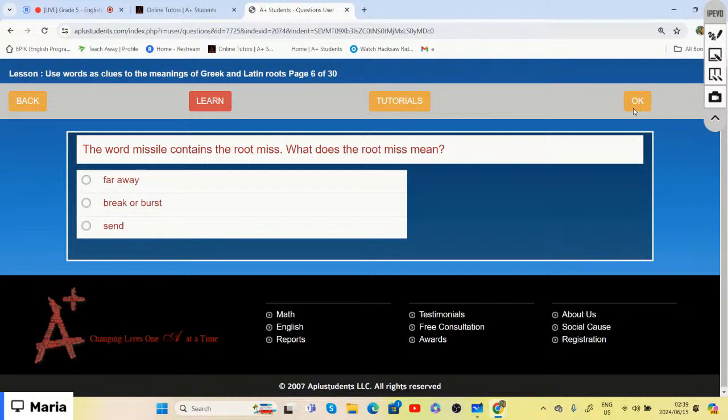Then the word missile. Is it a missile or missile? Missile contains the root miss. What does the root miss mean? Is it far away? Is it break or burst? Or does it mean to send? Missile.